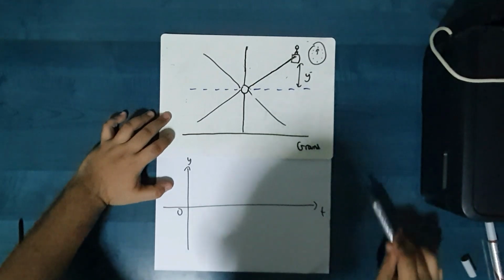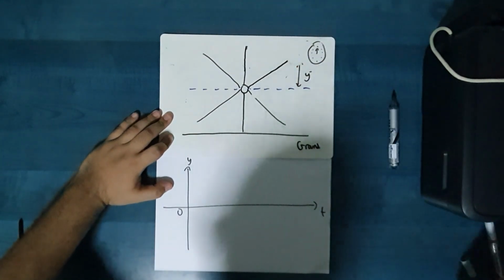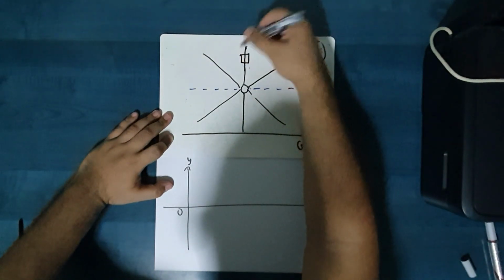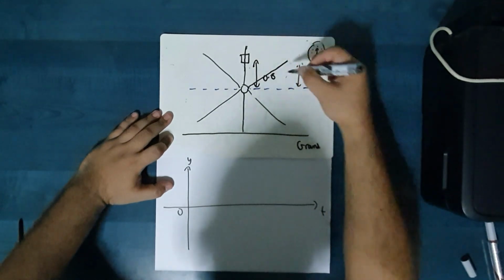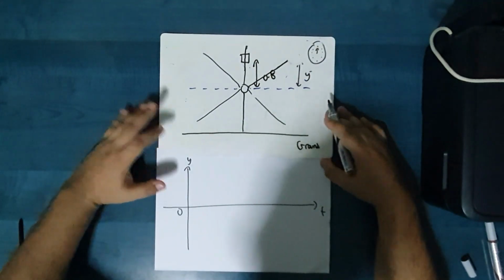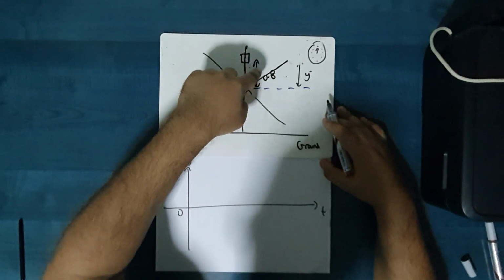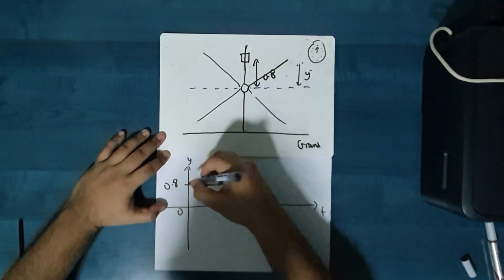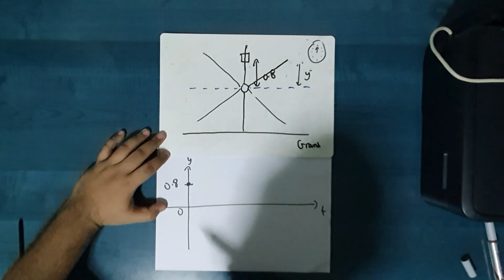Now let's change that. Let's say in the beginning he did not start here, but instead he started here at the highest point, which was 0.8. So in the beginning, time is 0 and he was at position 0.8. So he would be here instead of here from the previous case.